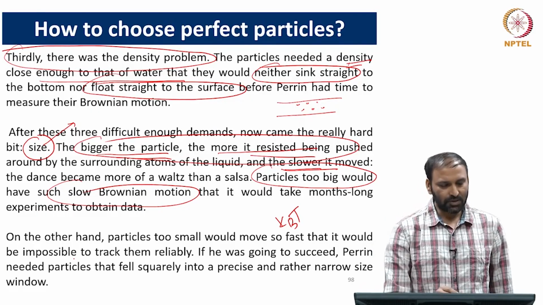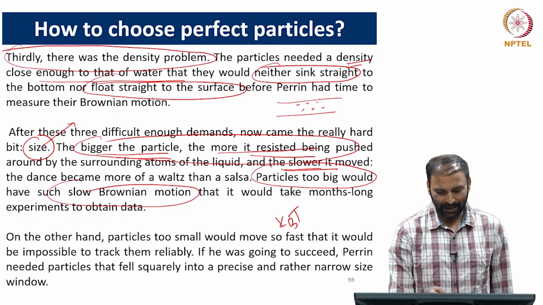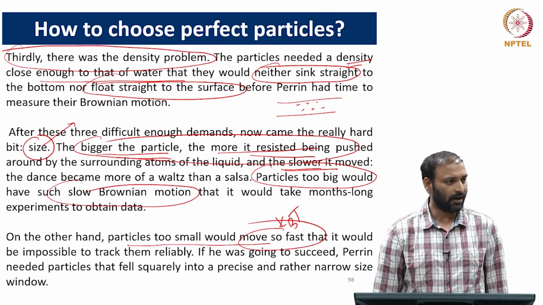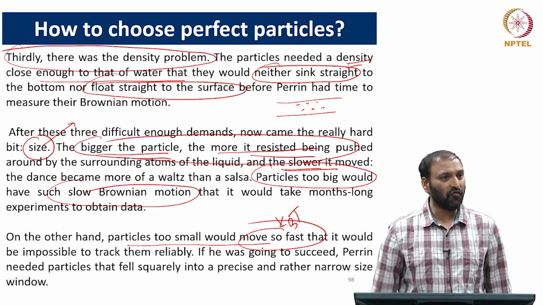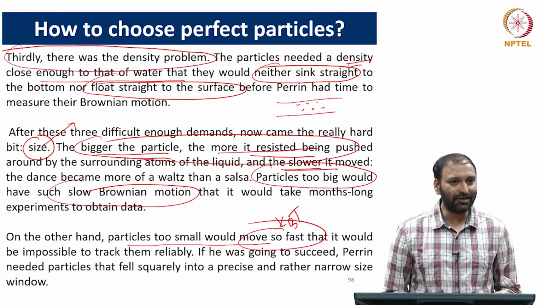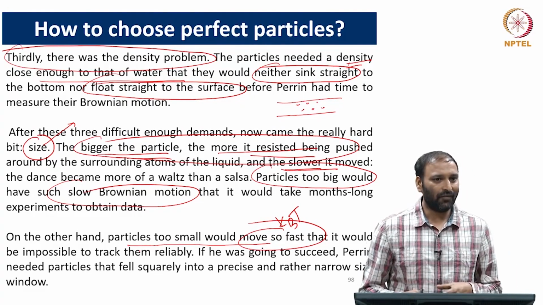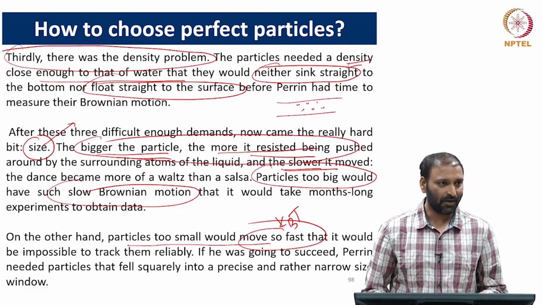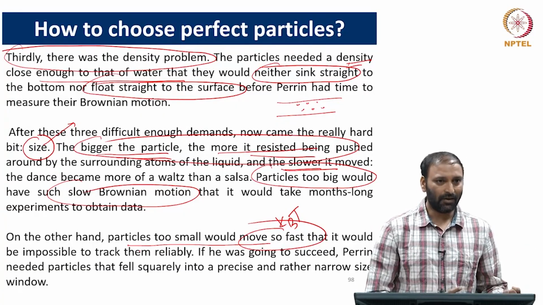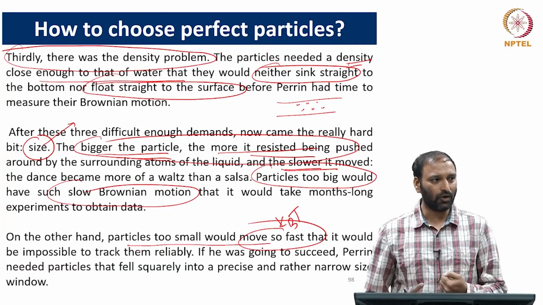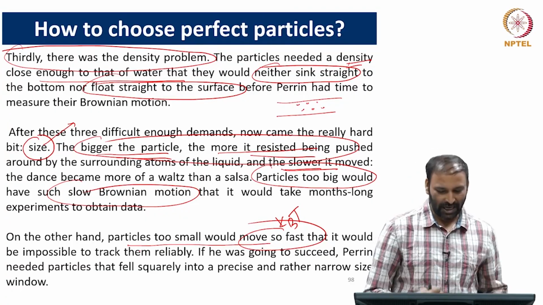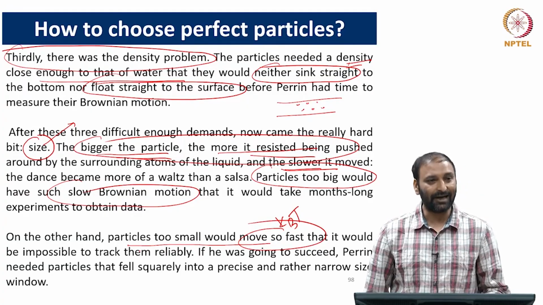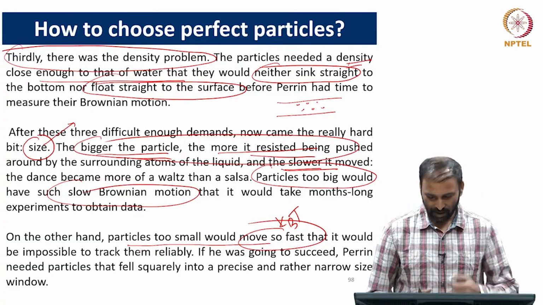Now, on the other hand, if the particles are too small, they would move very fast, okay. If you have a really good camera with which you can capture fast moving things, you can still do experiments. However, at that point in time, he couldn't get away with using too small a size because they were moving too fast, and he really could not reliably track the particles, okay.